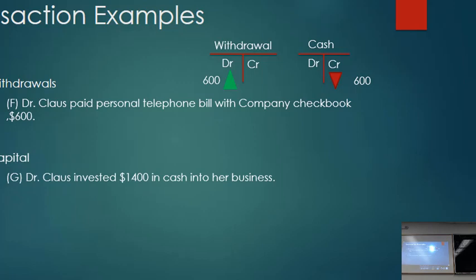Now for the capital. Capital is going to show always, like I said, initial investments or the next value from the end of the month to the next month. And generally they're going to show you the initial investment in any transaction in the book. They're going to show you that initially this amount of money was invested into the business.